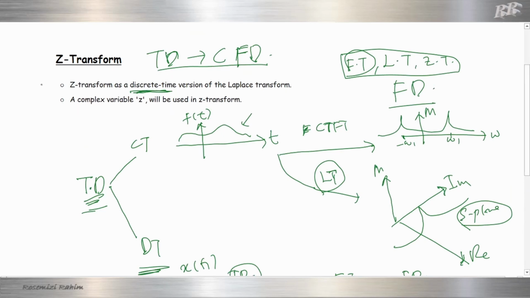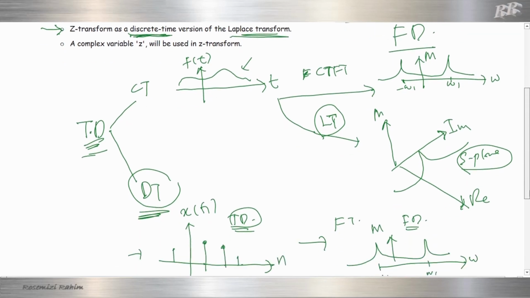So we can see Z transform as a discrete version of Laplace transform. It converts from time domain to the complex frequency domain. This one is discrete time domain, converted to the frequency domain, the same as Laplace transform.